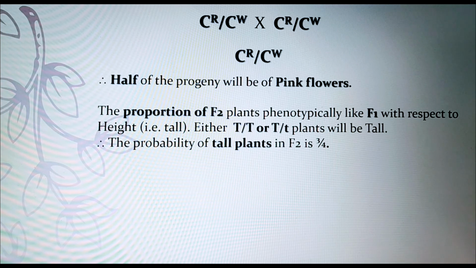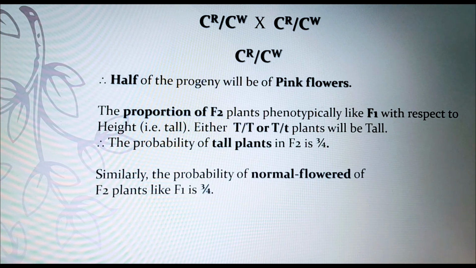Either capital T capital T or capital T small t plants will be tall, and therefore the probability of tall plants in F2 will be 3/4. Similarly, the probability of normal flowers in F2 plants like the F1s is 3/4.